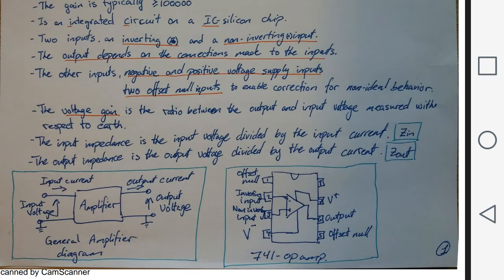On the right you have an example of an operational amplifier chip called the 741 operational amplifier, where you have the two inputs, the inverting and the non-inverting ones, on pins 2 and 3, and then you have the negative and positive power voltage supply inputs on pins 4 and 7, and on pins 1 and 5 you have the offset null inputs.